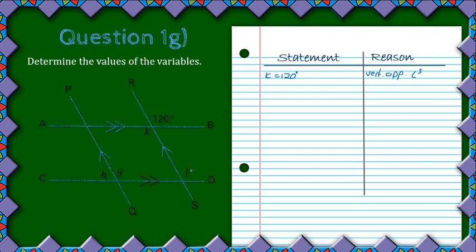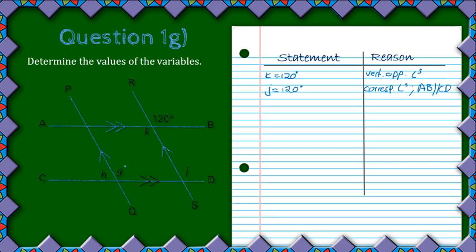Then we move on to J. Now J and 120 degrees are corresponding, and since these two lines are parallel to each other, they are also equal. So J is equal to 120 degrees, and in this case our reason is corresponding angles, where AB is parallel to CD.